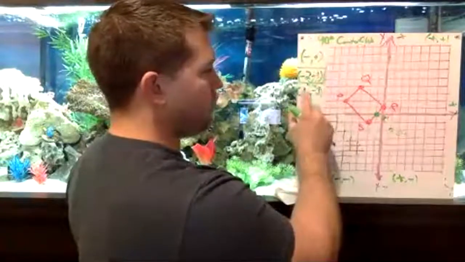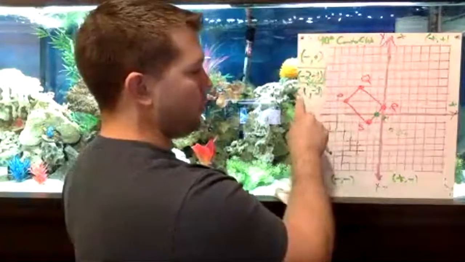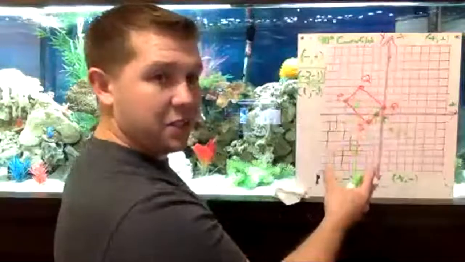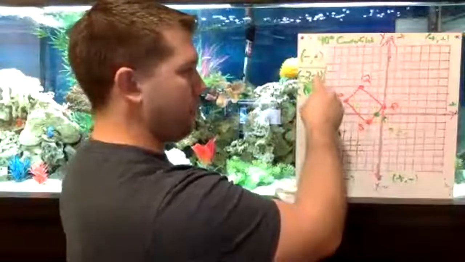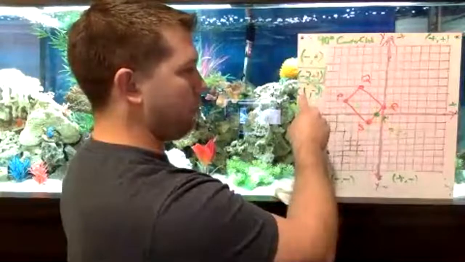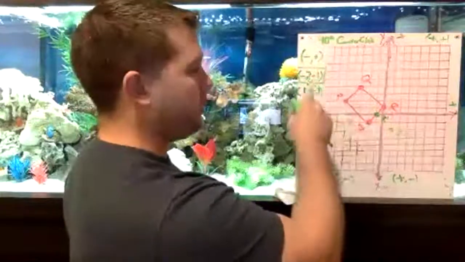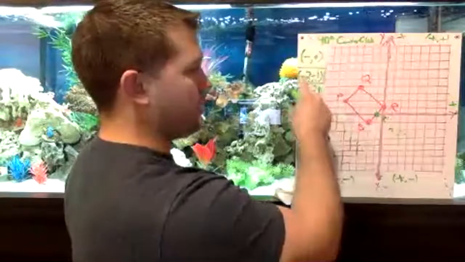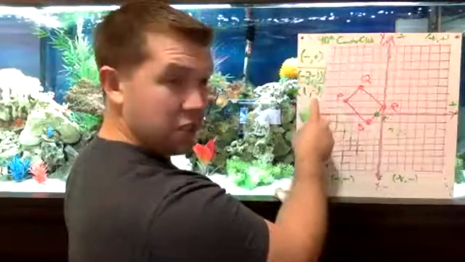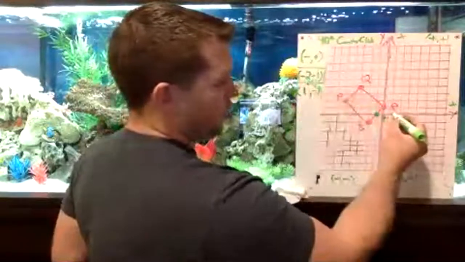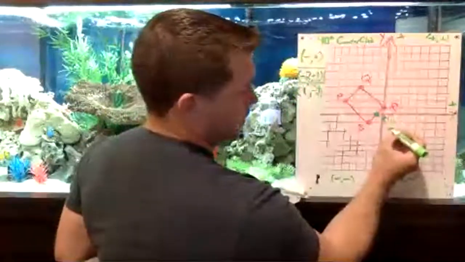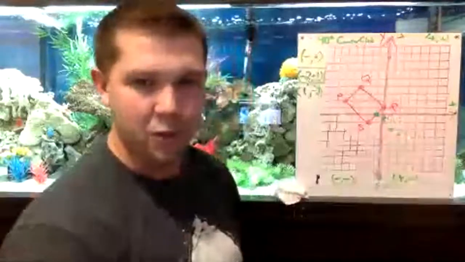But you'll notice that I didn't put a negative here because, since I'm going across the x-axis, I'm actually going to make this the opposite sign. So my -1 in the y is going to become a +1 in the x for my new point, and -2 is going to stay -2, but it's going to go from the x to the y. You can see that switch there. So I'm going to go over 1 in the positive and then down 2, and so now I have S prime right there.